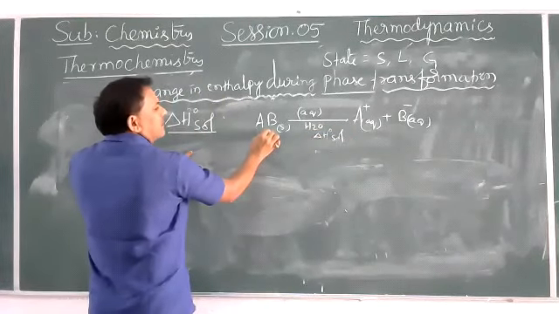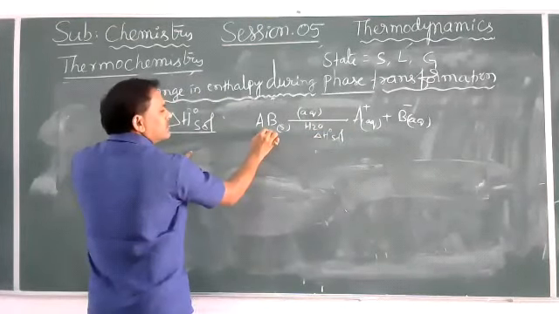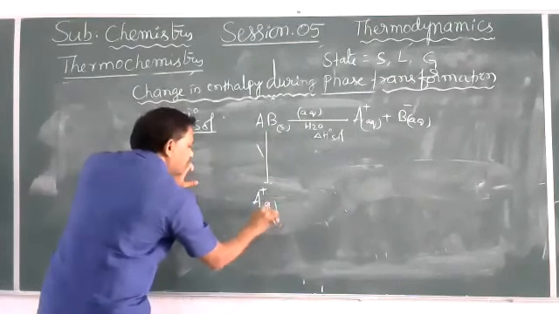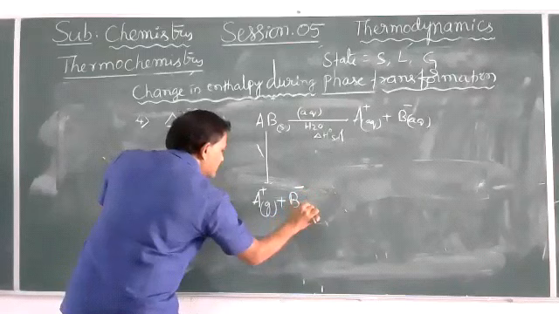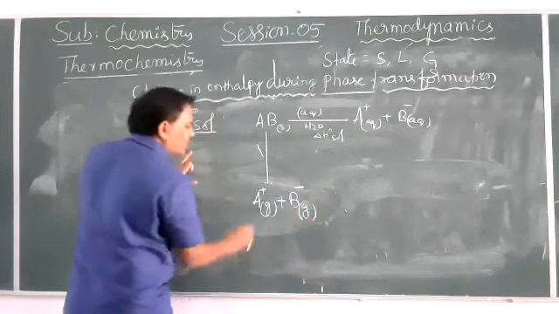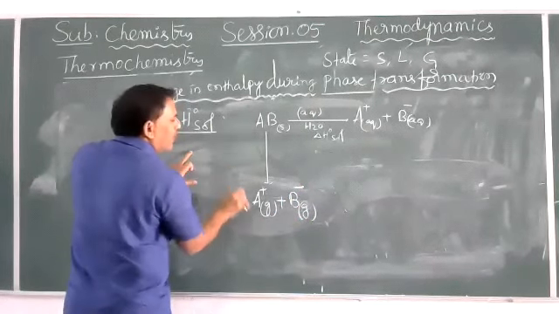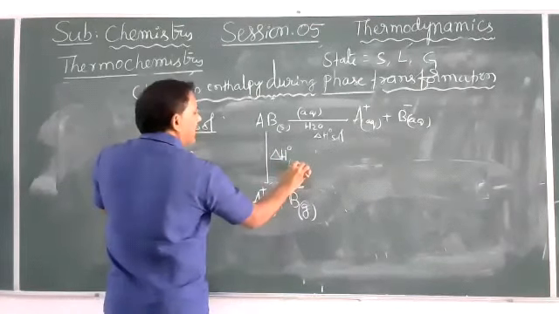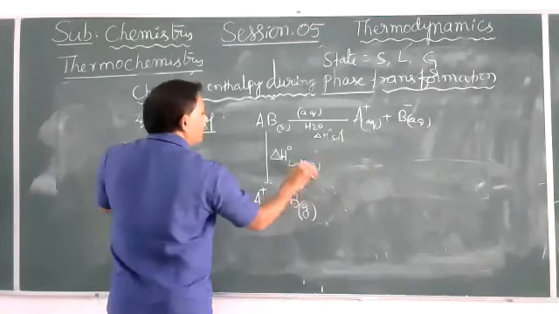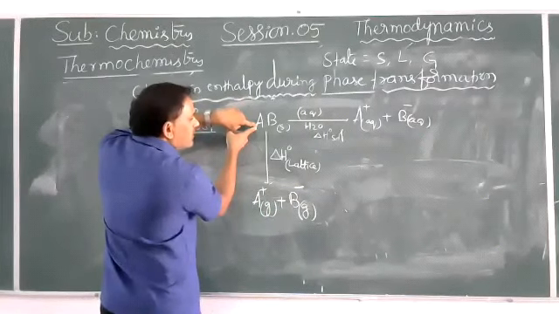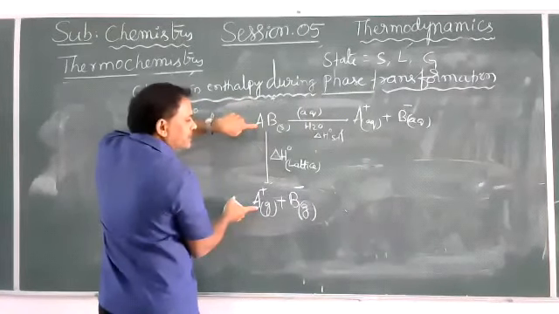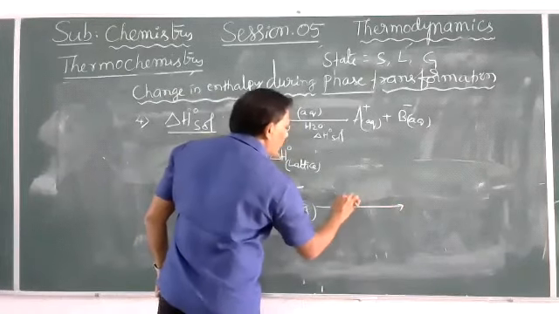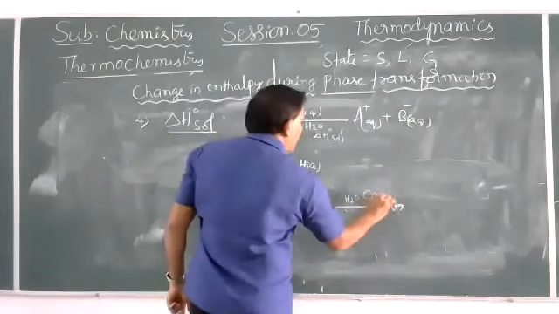But AB solid is converted into A plus gaseous ions plus B minus gaseous ions, respectively oppositely charged ions. Some amount of energy is required, and that required energy is called the lattice enthalpy. After converting the ionic solid to gaseous ions, these ions are dissolved in water, that is, aqueous.